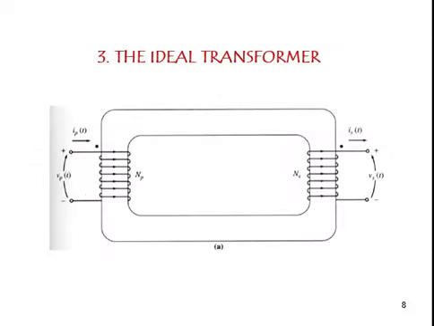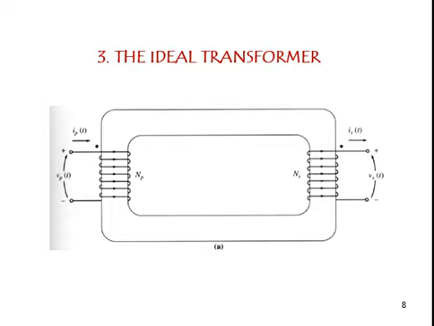Now we will talk about the ideal transformer. In this figure you can see there are two windings. The winding on the left side contains np primary turns.